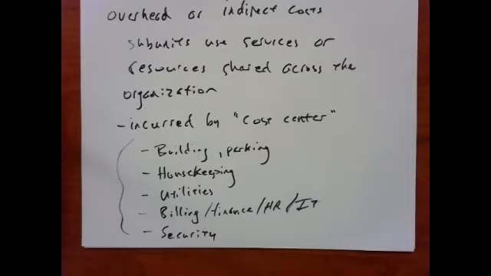So maybe they were able to shed some of their billing staff, some of their finance staff. They were able to have fewer security guards per square foot or per person in the organization.